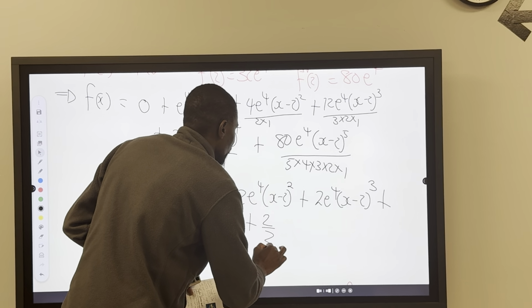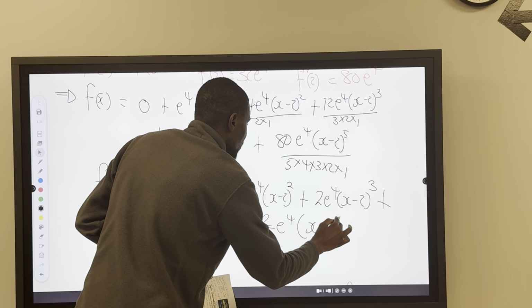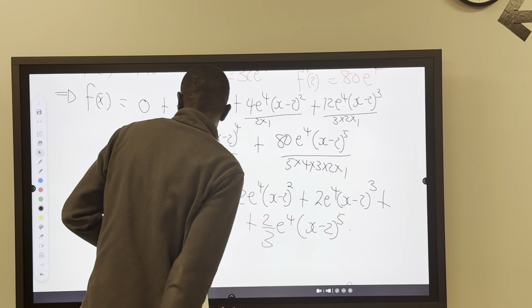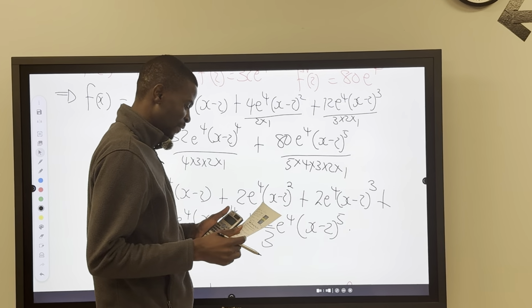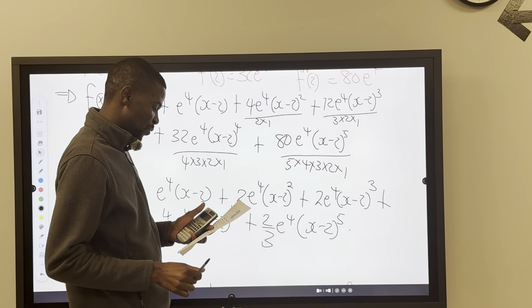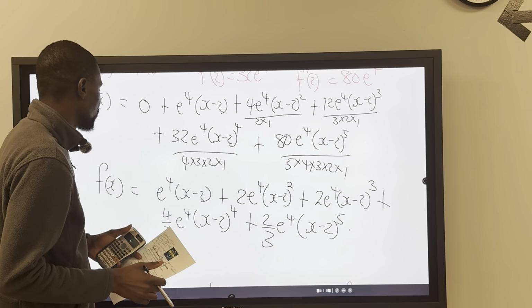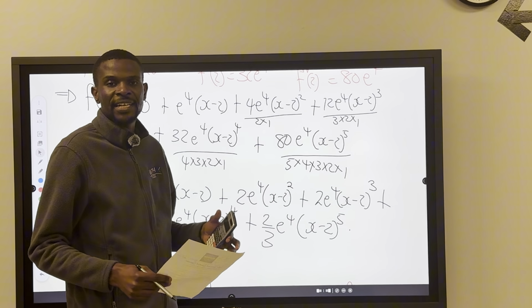So 2 over 3 e to the 4th of x minus 2 to the 5th. And that's all, guys. This is the expansion. The first 5 terms of the function f of x, x minus 2 e to the 2x, near x equal to 2. So that's the Taylor series expansion for that particular function.